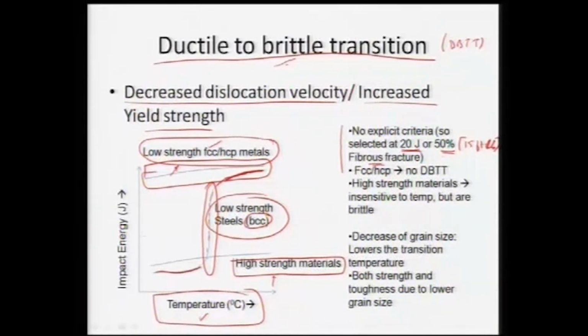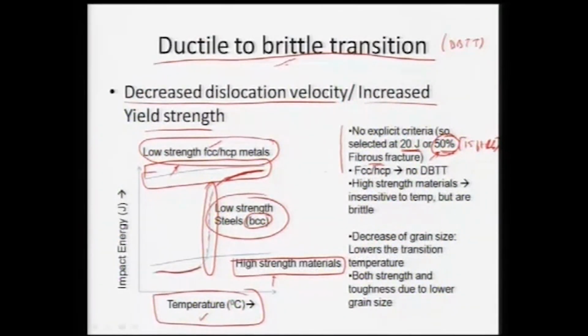So, when the impact energy is around 15 foot-pounds or 20 joules, we can call that a ductile to brittle transition temperature, at what temperature that particular thing is being observed, or we can also relate it to 50% or 100% fibrous fracture. In this case DBTT is given by the 50% fibrous fracture, but once it is being initiated we can take it down to even 100% fibrous fracture as well.